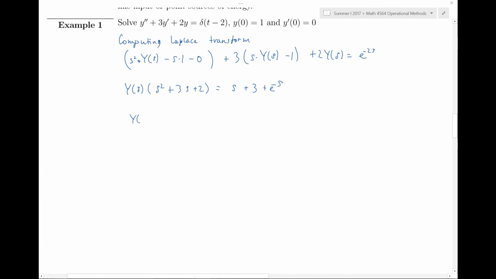Therefore, the Laplace transform of the solution is s plus 3 over s squared plus 3s plus 2 plus e to the minus s over s squared plus 3s plus 2. Apologize, it's e to the minus 2s.